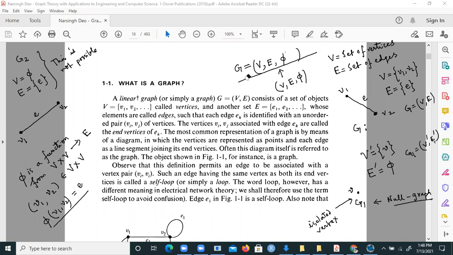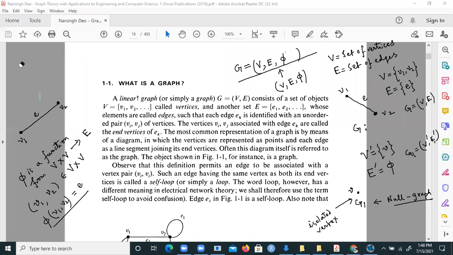It will be more meaningful if I consider only one function phi, which takes two elements from the Cartesian product of the vertex set with itself and relates the pair to a particular edge. It is far better to consider this triplet rather than the ordered pair, because in graph theory, how the edges and vertices are related to one another is also very important.